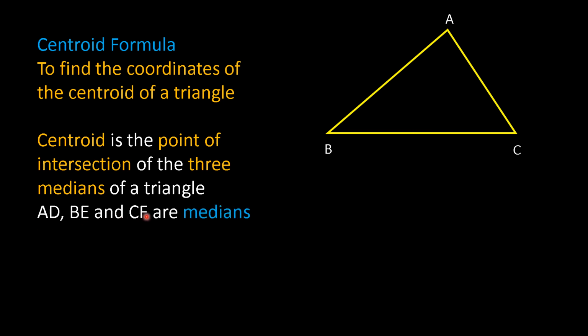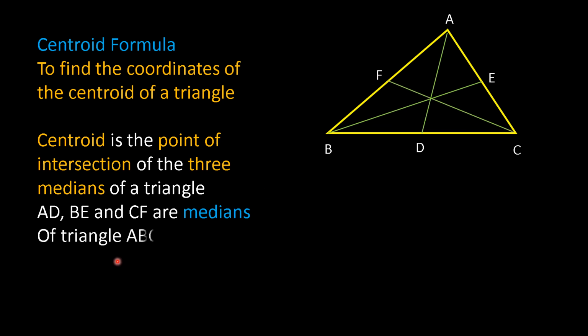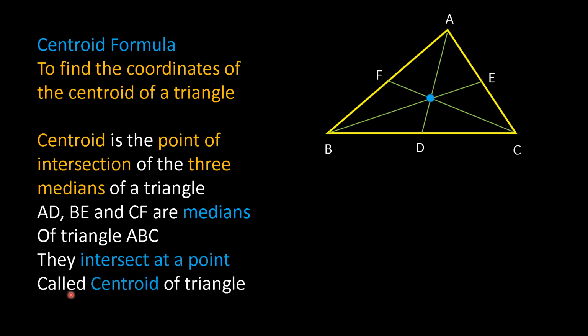AD, BE and CF are the medians. AD, BE and CF, these are the 3 medians of triangle ABC. They intersect at a point. So this is the point where they meet. This point is called the centroid of triangle ABC.